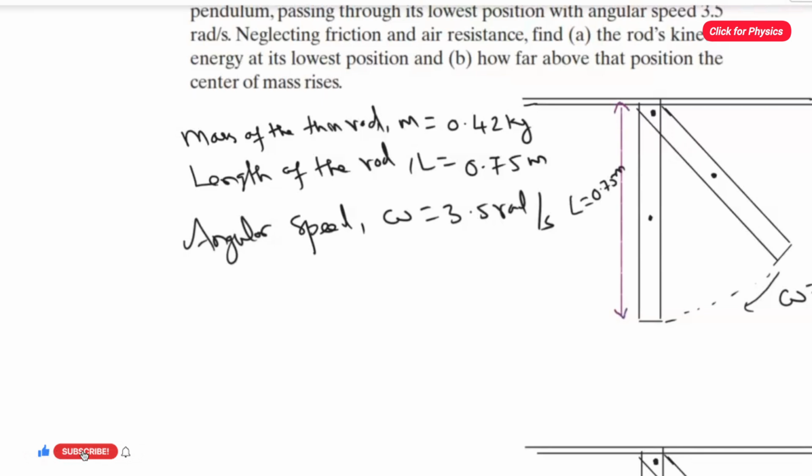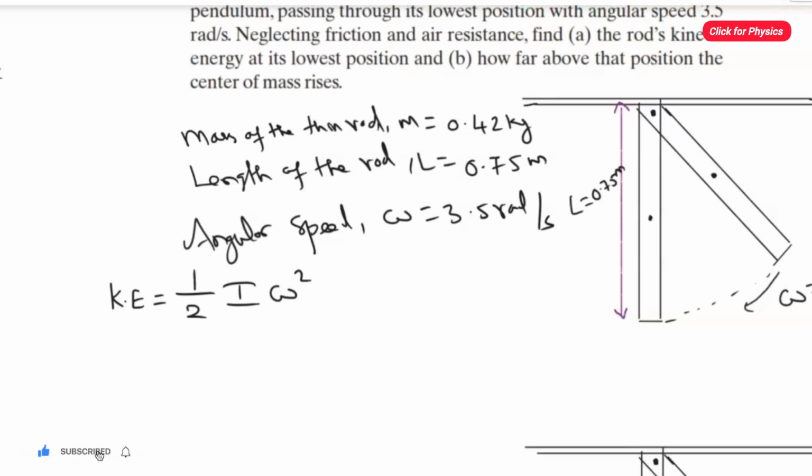As we already studied, the kinetic energy for the rotational body is given as half I omega square. But here we have to use the formula for the thin rod based on this axis of rotation. In theory, we studied the rule for the moment of inertia for the rod having the fixed axis of rotation at the edge of the rod.